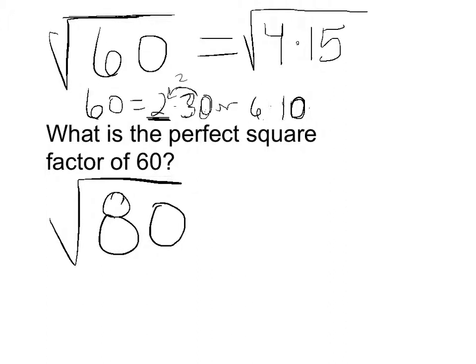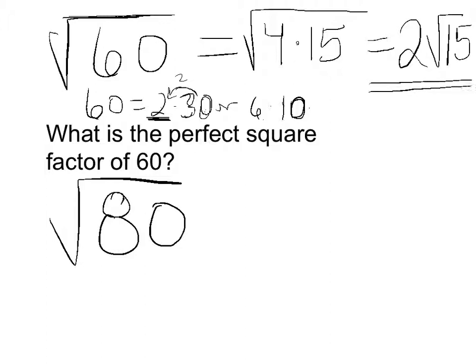What's important to note here is that the 4 is a perfect square factor. 15 is not a perfect square, nor does it have any perfect square factors, and so we get that radical 60 is 2 radical 15.